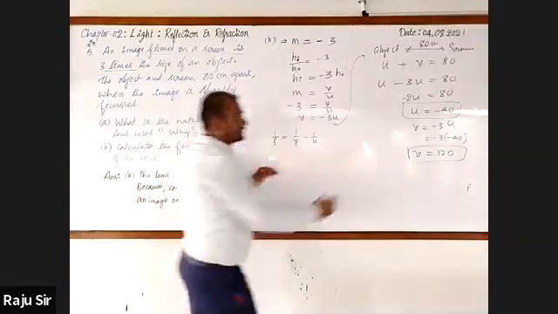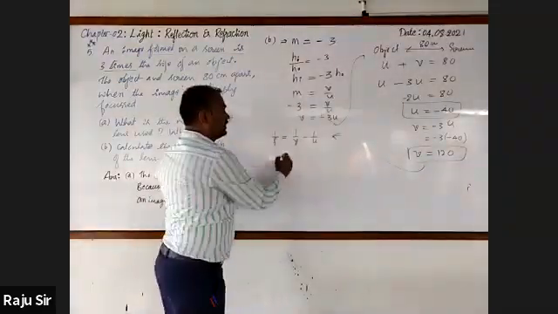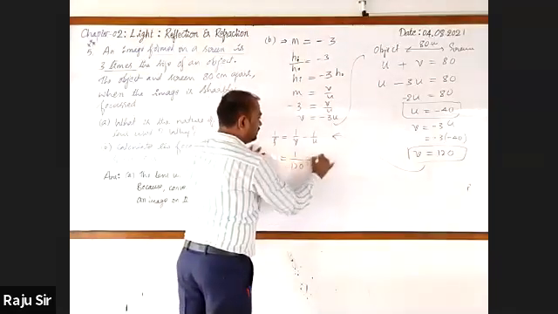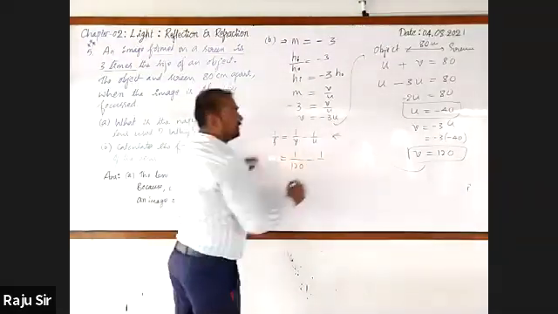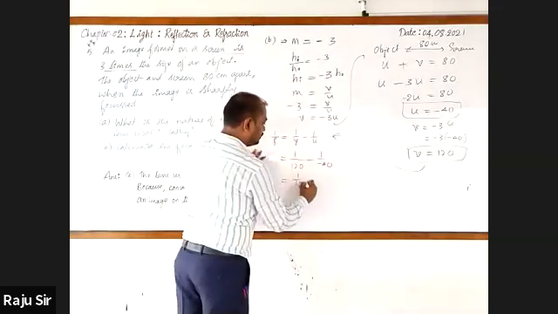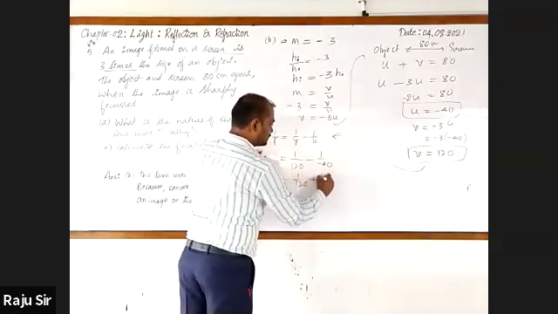Now let us substitute in this. 1 by v is positive 120, u is negative 40. It is 1 by 120 plus 1 by 40.